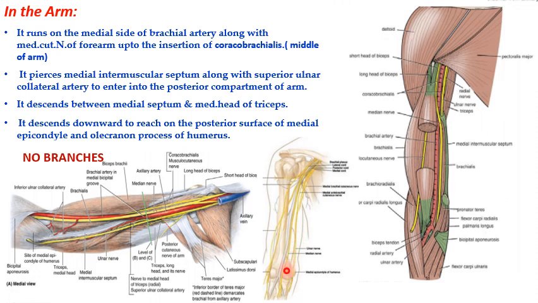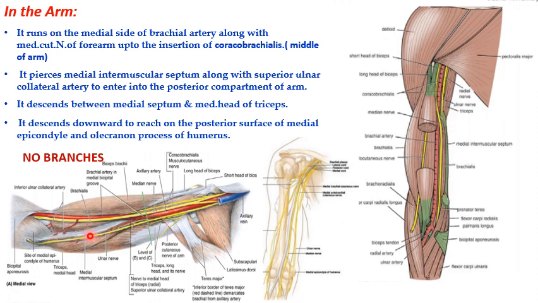front of the flexor compartment of the arm, whereas the ulnar nerve, it pierces, here you can see this is the ulnar nerve. So this ulnar nerve, it pierces the medial intermuscular septum.